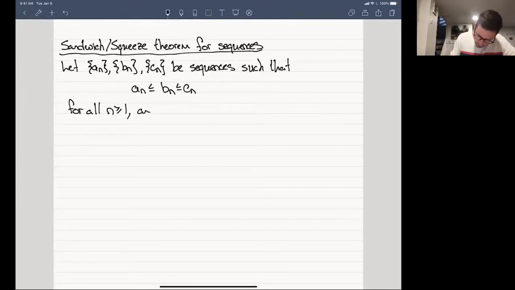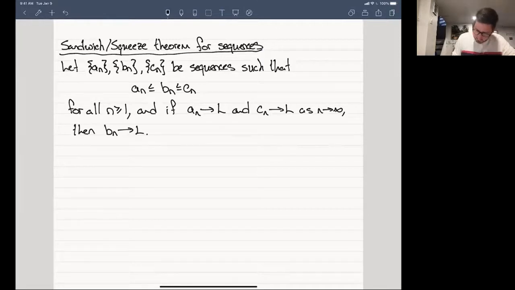And if a_n converges to L and c_n converges to L as n goes to infinity, then b_n also converges to L. Right, so you see what's happening here, right? You have a_n and c_n on the outside, and they're both funneling you into the same spot. And so b_n is stuck somewhere in the middle, and it's getting wedged into the same limit.